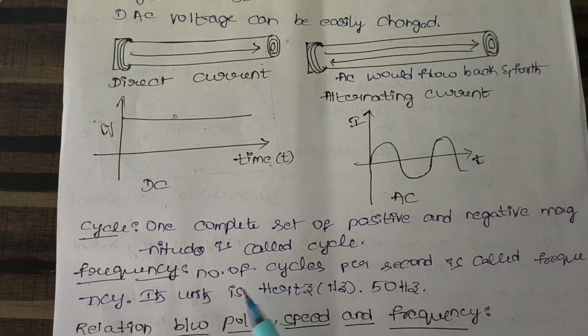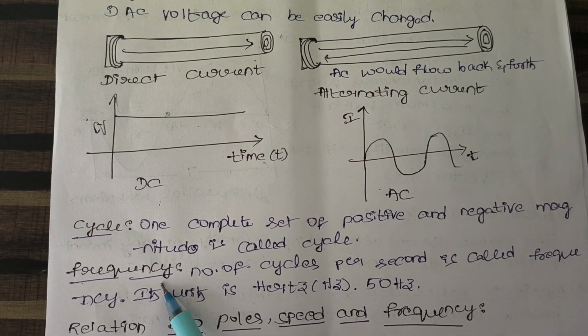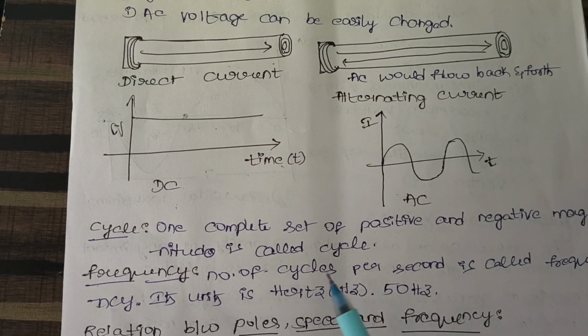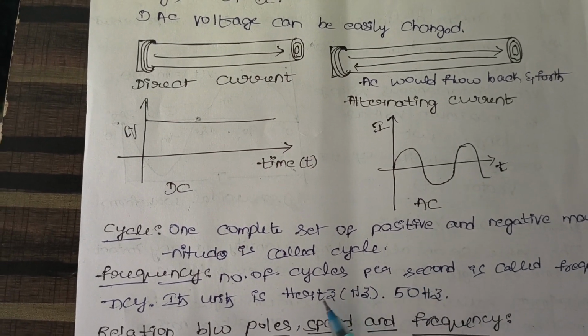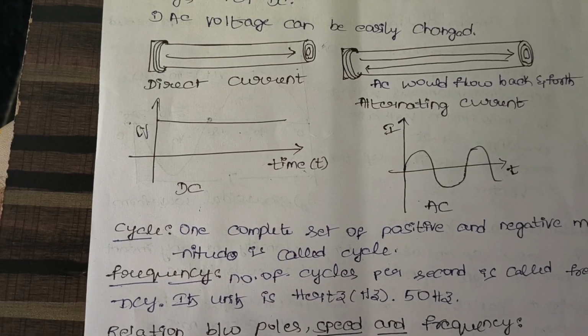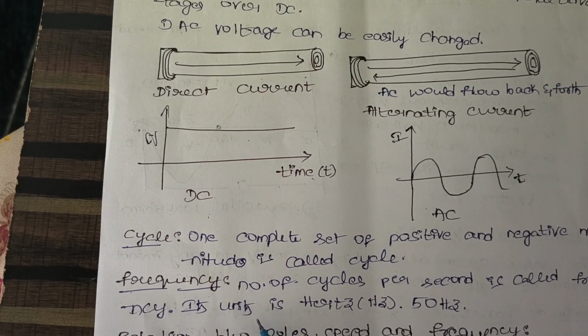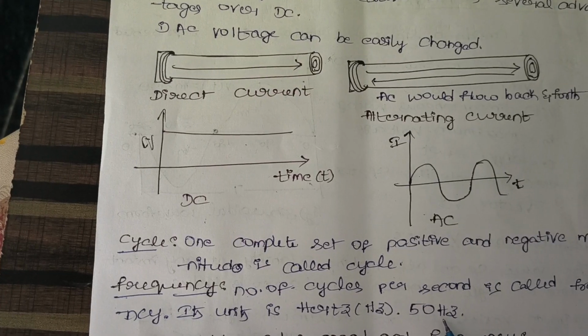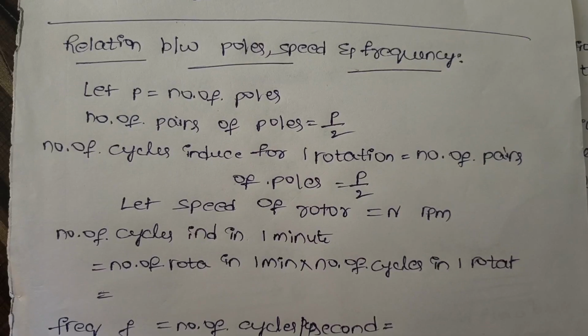And also frequency. Frequency is the number of cycles per second. In 1 second, how many cycles are produced is called the frequency. Frequency units are hertz. The normal frequency is 50 hertz.